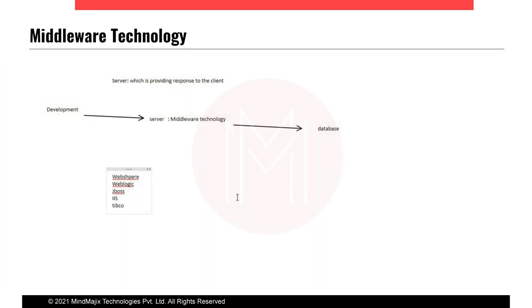If we say middleware technology, WebSphere comes first, then WebLogic, JBoss, IAS, TIBCO. Why are these included? Because they are security-providing platforms for the applications.